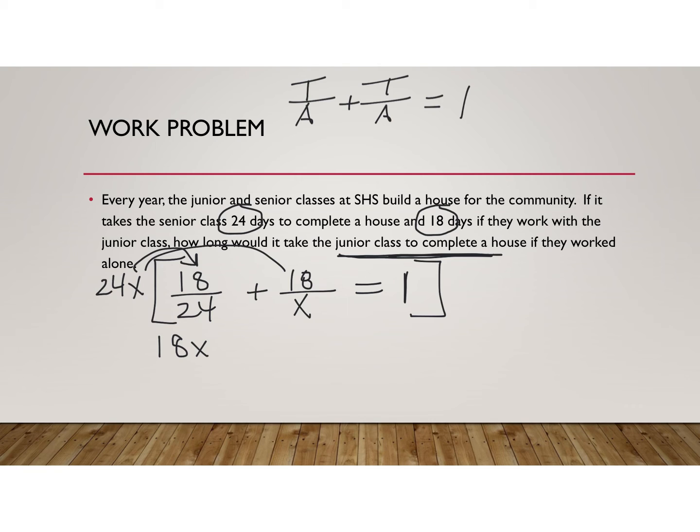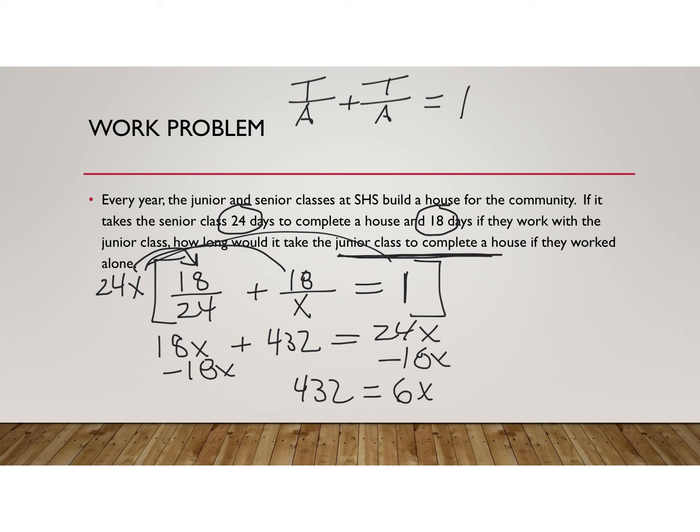Here the x's cancel, and 24 times 18 is 432, equals 24x. I'd subtract 18x from both sides. I've got 6x equals 432. And 432 divided by 6 is 72. So it would take the junior class 72 days to complete it by themselves.